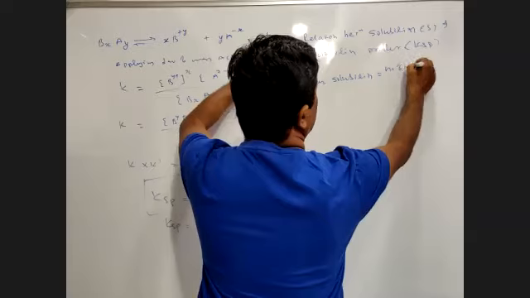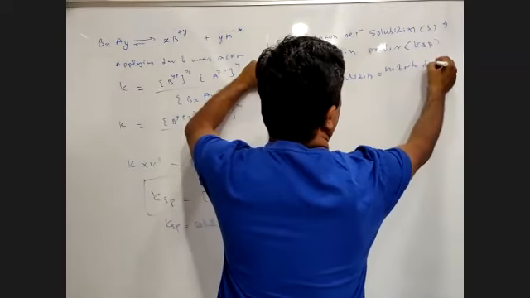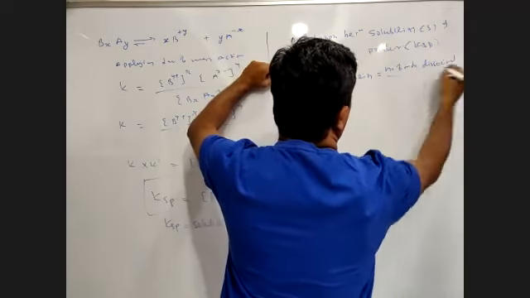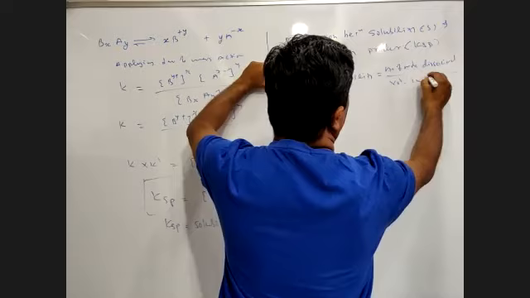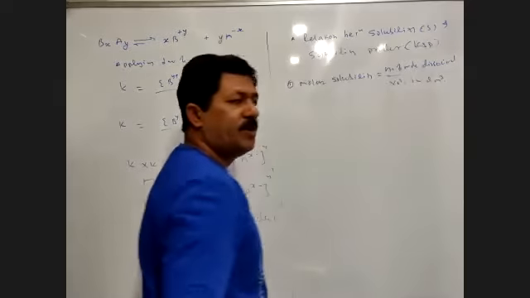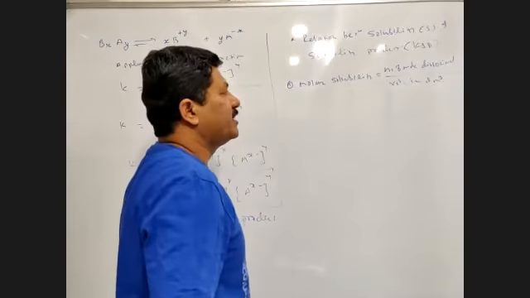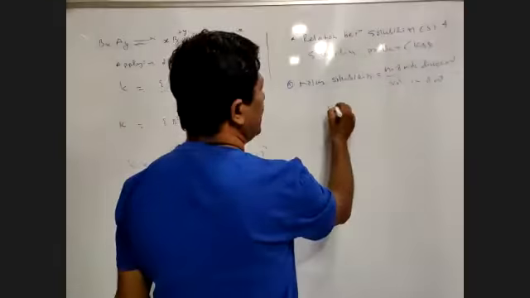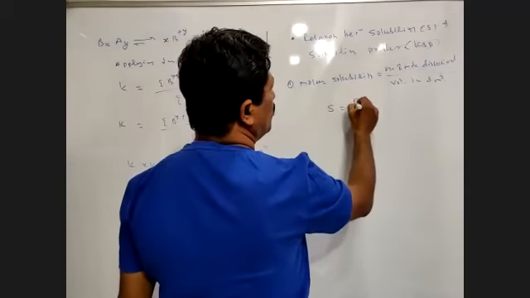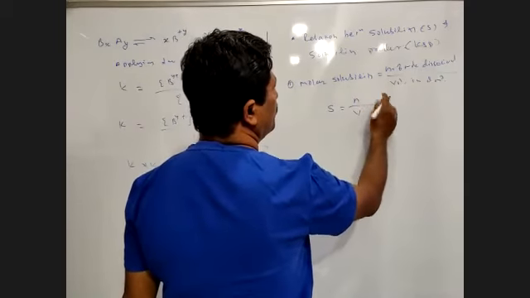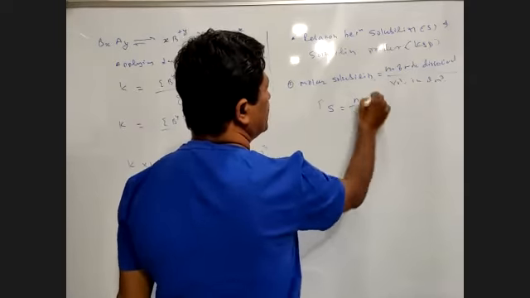Molar solubility is nothing but number of moles dissociated upon volume in dm cube. So molar solubility is given by S is equal to number of moles m upon volume in dm cube. So that is what we can say solubility.